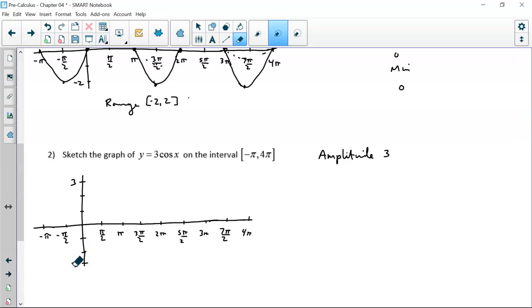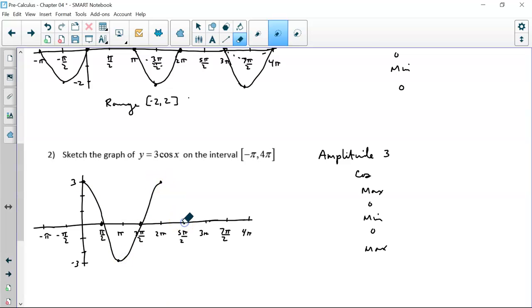So now, unlike sine where we go 0, max, cosine goes max, 0, min, 0, max. That's the pattern it follows for our key points. So we're starting at 3, 0, negative 3 for our min, 0, max. That's one period. Then we just keep going.